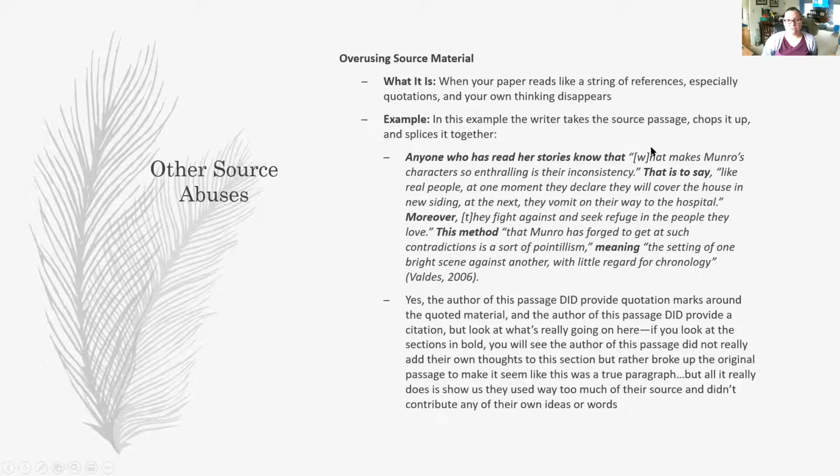Everything has the quotation marks the way it should. It has a citation the way it should. This isn't plagiarism. It's just really poor use of sources because you've overused the source. There's nothing in here that's actually original to the student. We get no sense of what the student is actually trying to say about this point. Don't overuse your source material. Again, 80% your own original ideas and words.